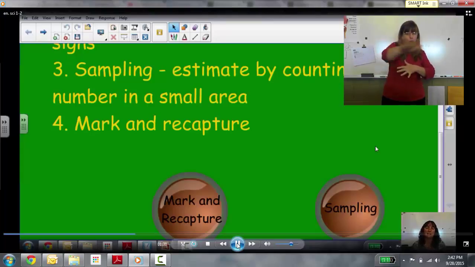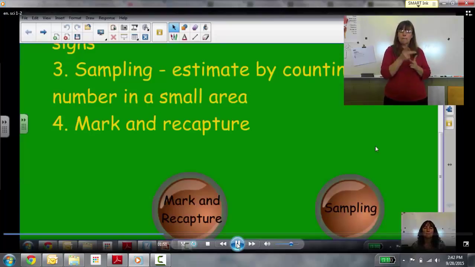Since there's 14 half acres in 7 acres, I'd multiply that number of grasshoppers by 14 to estimate the population in the whole prairie. So that's one they use pretty commonly, because then you just have to find out a population in a small area.